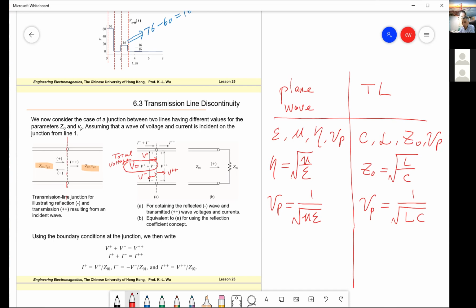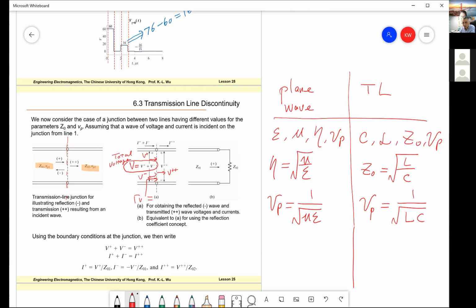In this case, we can find the voltage reflection coefficient without another derivation. We can use the concept we learned in plane waves, the reflection coefficient.